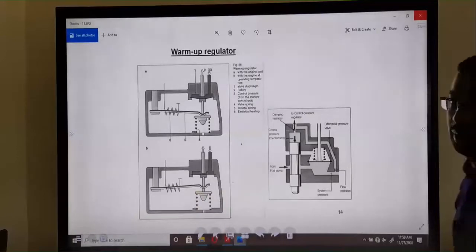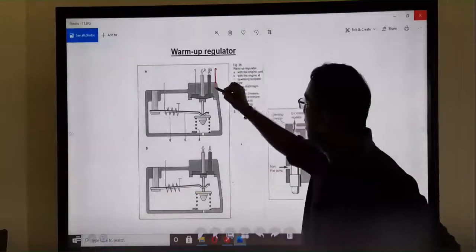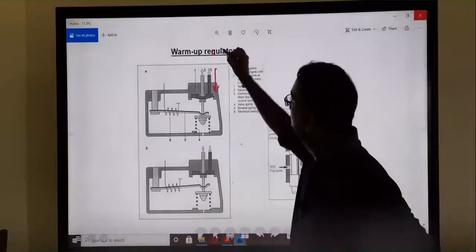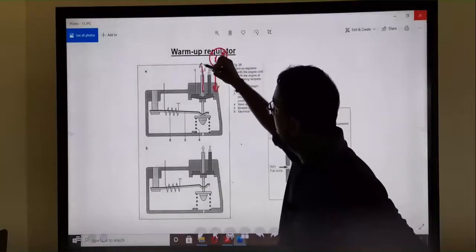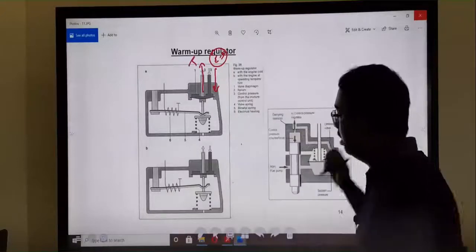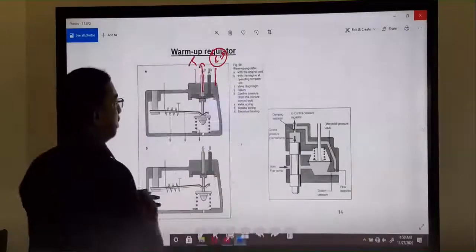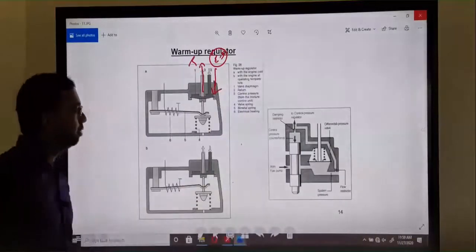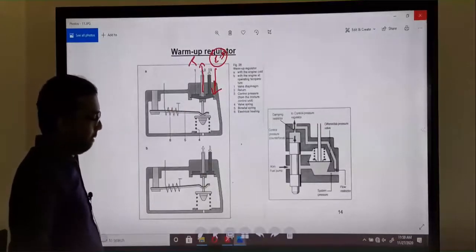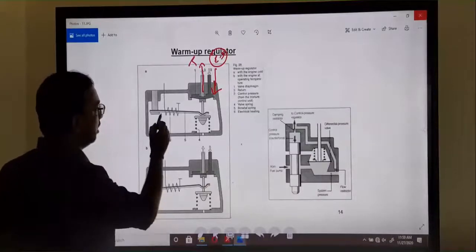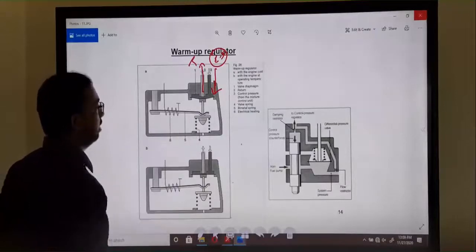Here you can see this is a warm up regulator. This is the line from the cold start distributor. This is the return line to the tank. There is a diaphragm used here. You can see there is a bimetal spring here and electrical heating.